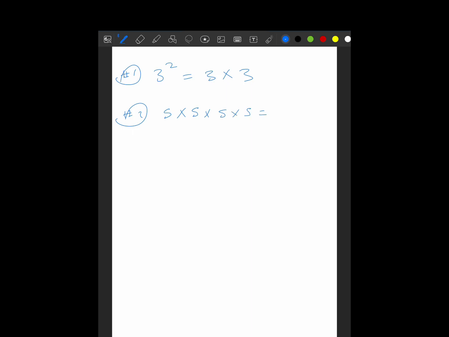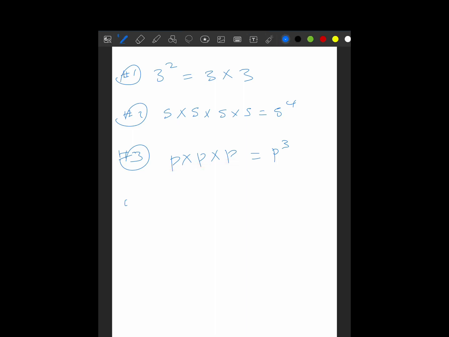This is equal to 5 power 4, since you multiply 5 four times. Then number 3, P times P times P, is equal to P power 3, because you're multiplying P 3 times.